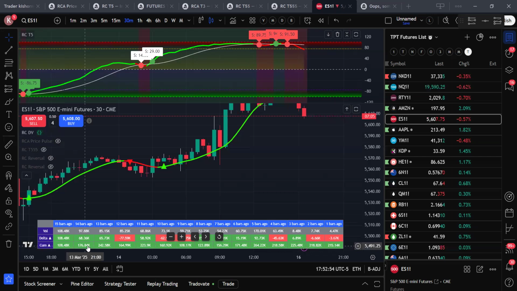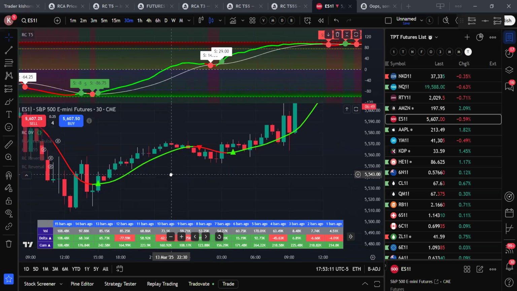So if you see the delta, you can see that from 108 delta, it became 176 green. From 176, it became 242. 164, 223. That means if the delta, if the volume is green and also increasing, the trend became bullish. Now, if this is bullish, then you better stay in the long side, only long trades.